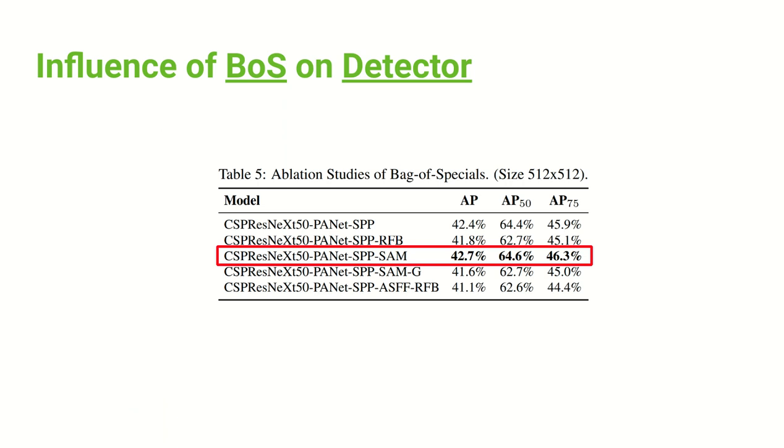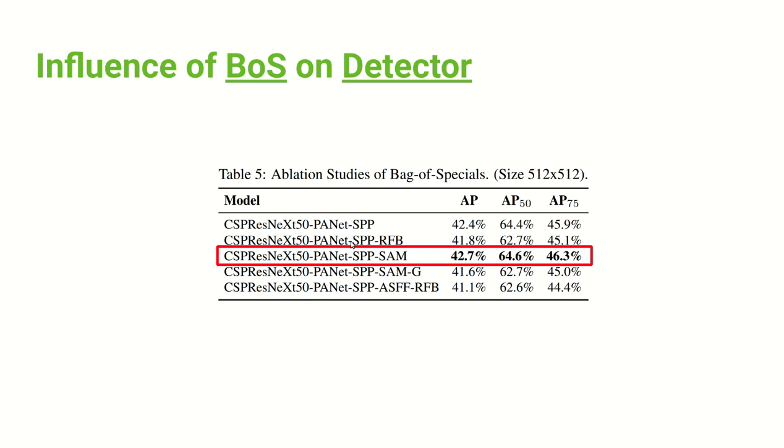And then the influence of the bag of specials on the detector. As we mentioned, we want a PAN with shortcut connections from the low level layers to the high level features. We want SPP to concatenate the different output feature maps to have a large receptive field.